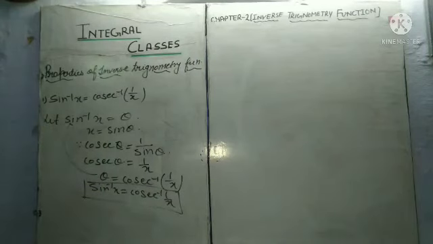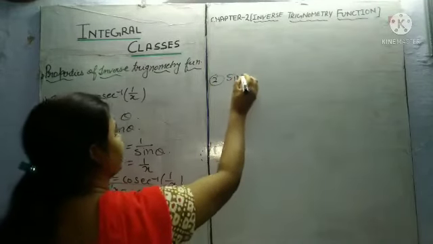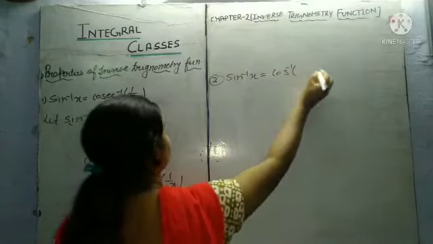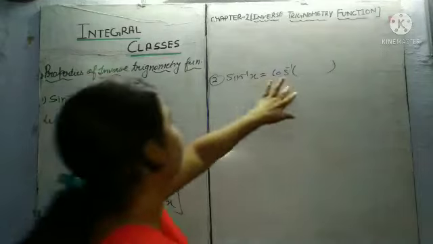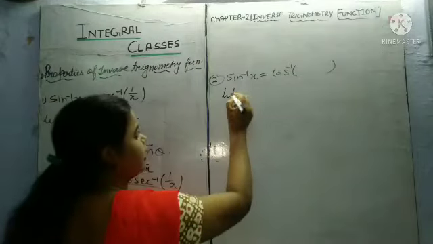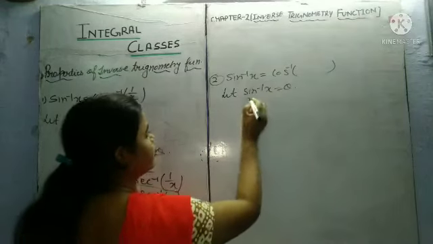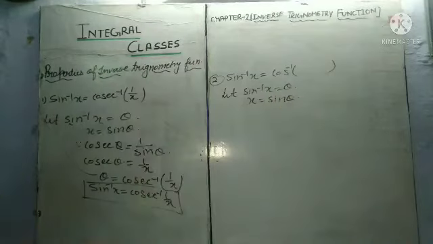Now the second property: suppose we want sin inverse x in terms of cos inverse. Now we will change sin inverse into cos inverse. So again student, we will let sin inverse x is equal to theta, then x is equal to sin theta.